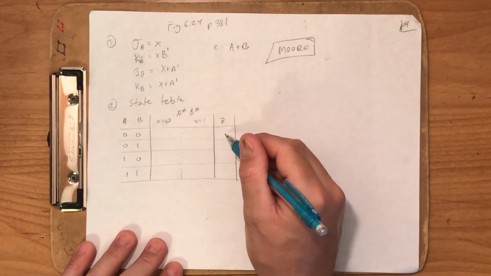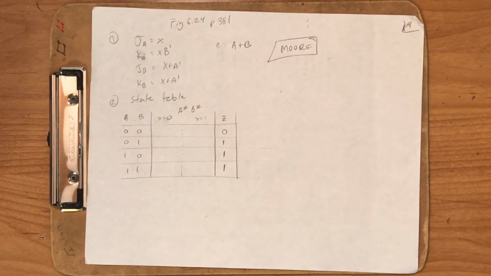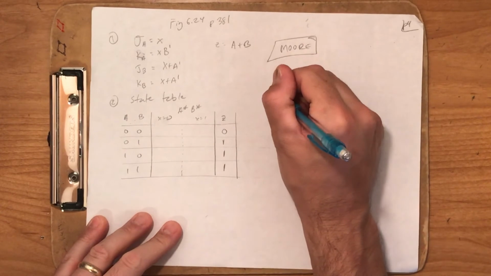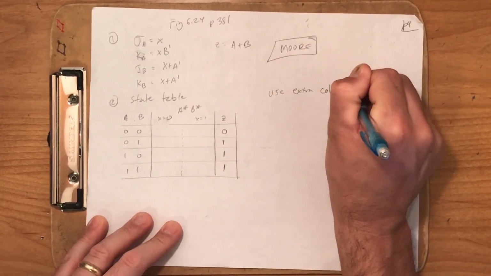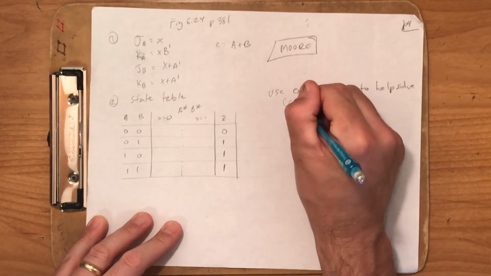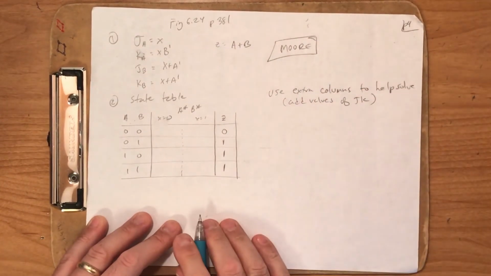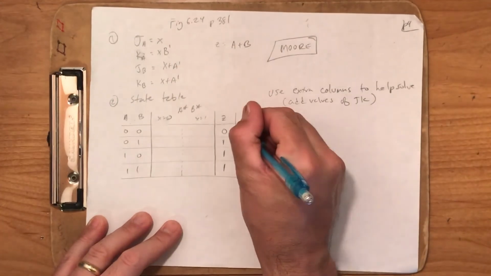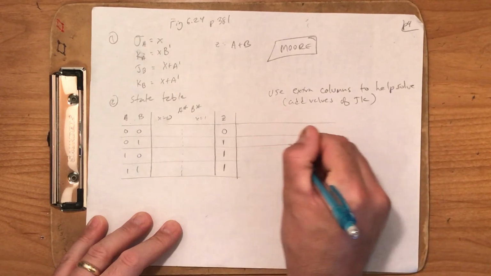We can very easily fill out Z already. It's A or B. So we're going to add some columns for J's and K's over here. You can also put it in a separate table.